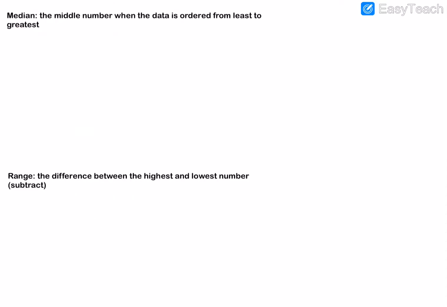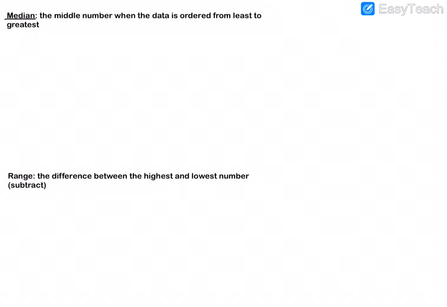Okay, so then on the next page we have the median. Think of median as middle. It is the middle number when the data is ordered from least to greatest. So when you're solving these problems on your assignments this week, the first step you should always do is order the numbers from least to greatest.